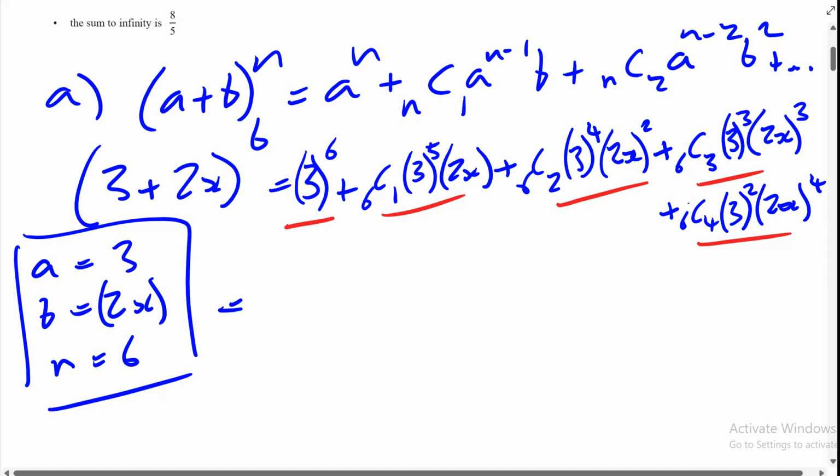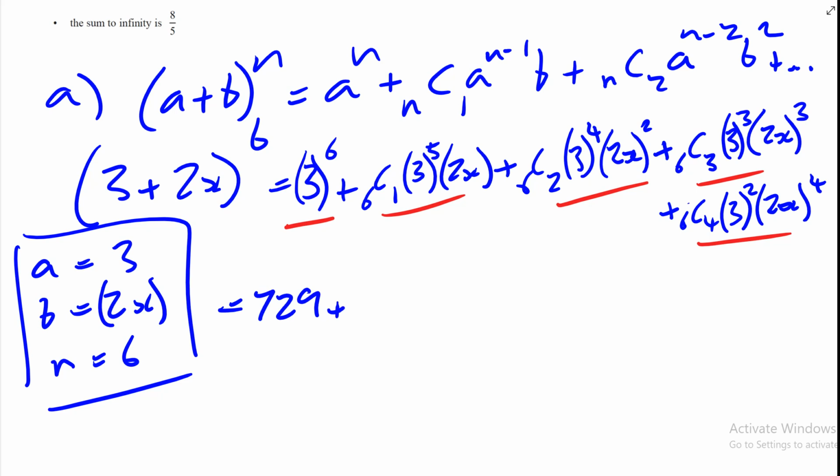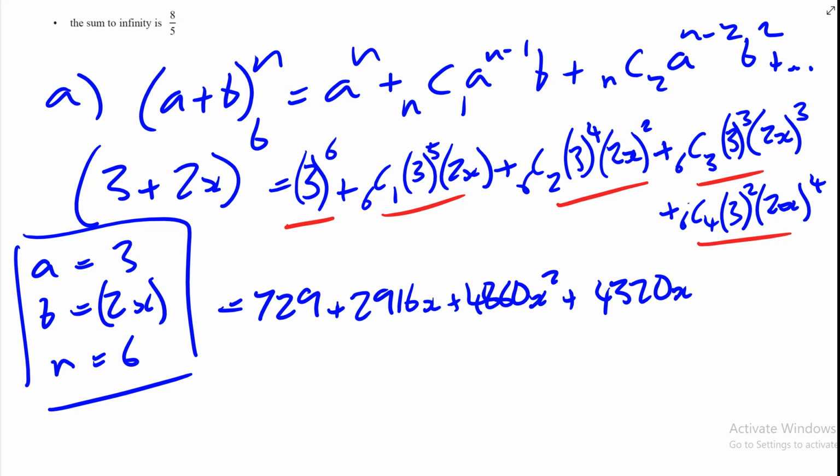So work all of those out. We're going to get 729 plus 2916x plus 4860x squared plus 4320x cubed, and then plus 2160x to the power of 4.